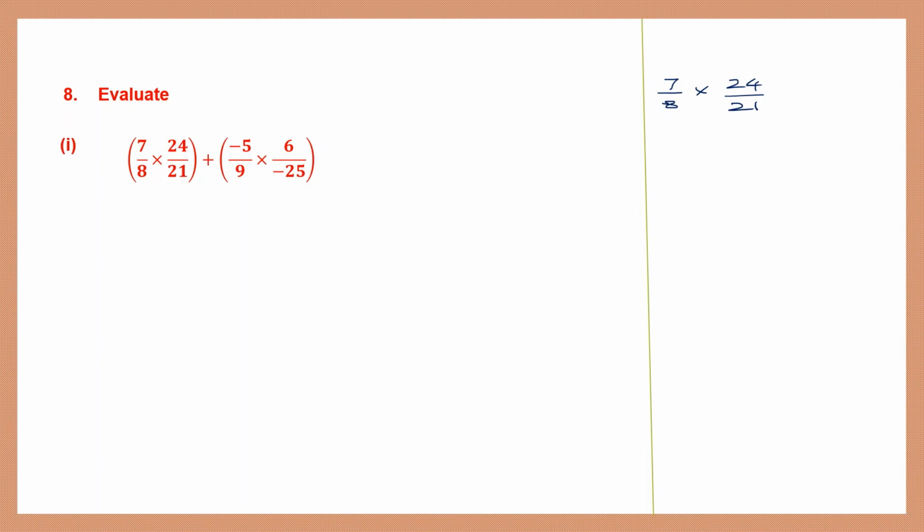So I can cancel 7 and 21. 7 1s are 7, 7 3s are 21. I can cancel 8 and 24. 8 1s are 8, 8 3s are 24. Now I can cancel 3 and 3 because one is in the numerator, one is in the denominator. So both can be cancelled by 3 itself. 3 1s are 3, 3 1s are 3.